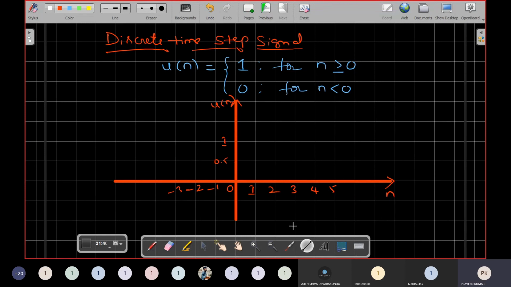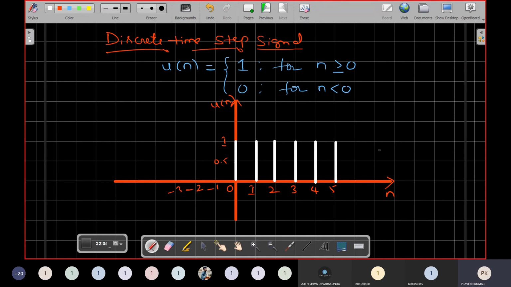Now see, at n is equal to 0, the value is 1. Cross the one line at n is equal to 0. Next, at n is equal to 1, again the value is 1. n is equal to 2, n is equal to 3, n is equal to 4, n is equal to 5, and so on.